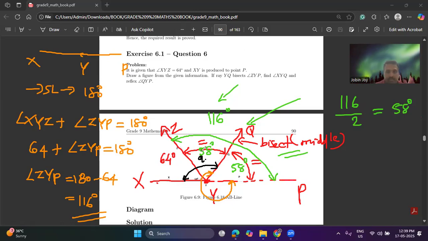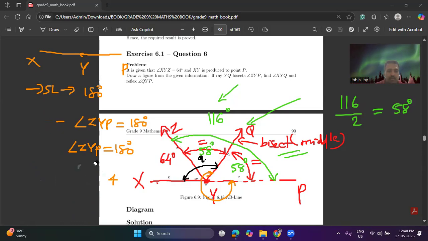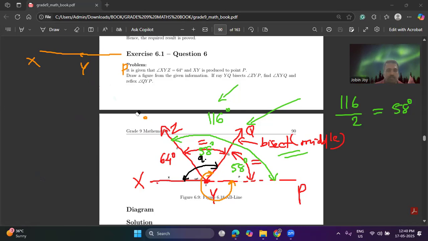Okay. Find XYQ. What is XYQ? Calculate XYQ. Right. Okay, so I am clearing this once again. We need more space to finish this type of problem. Okay, no problem. We will manage.